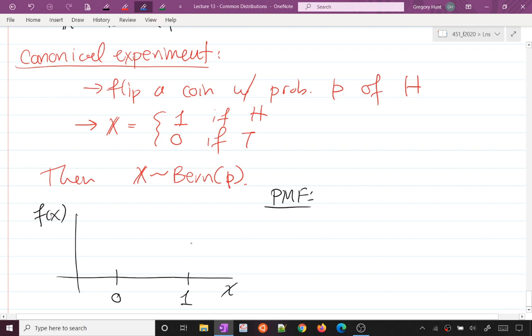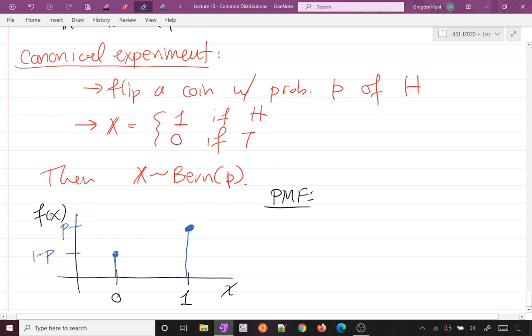So what's the probability I end up at a 1? Well, I end up at a 1 if I get a heads, and the probability of heads is p. So I should end up at p for 1, and I end up at 0 if I get a tails, and I'll get a tails with probability 1 minus p. So it'll look something like that.